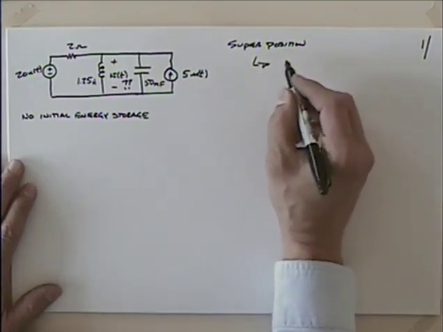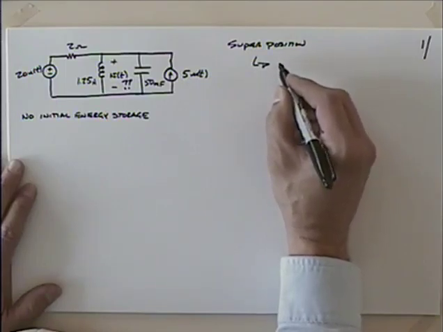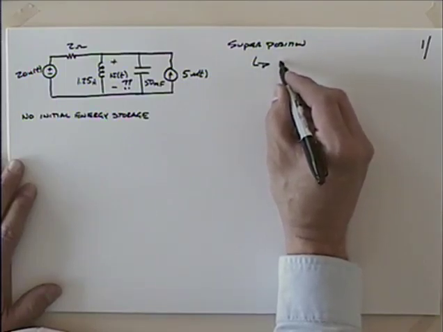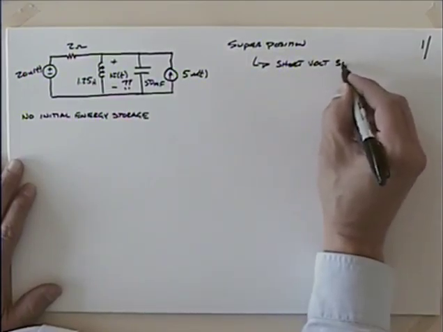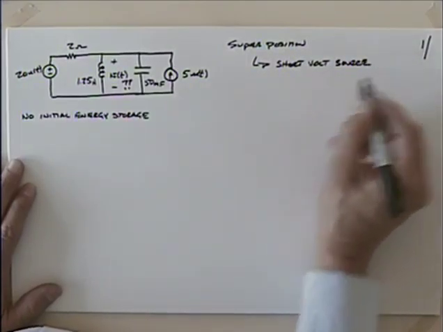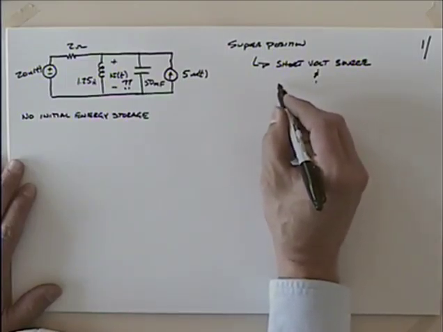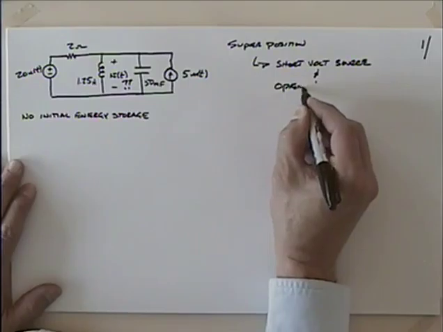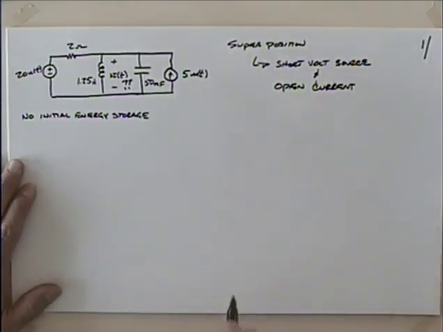And the process is to short the voltage sources and solve it. And then we're going to come back and open the current sources and solve it.